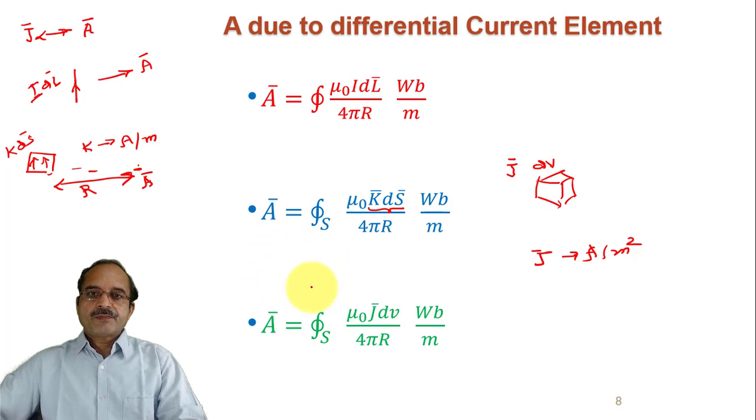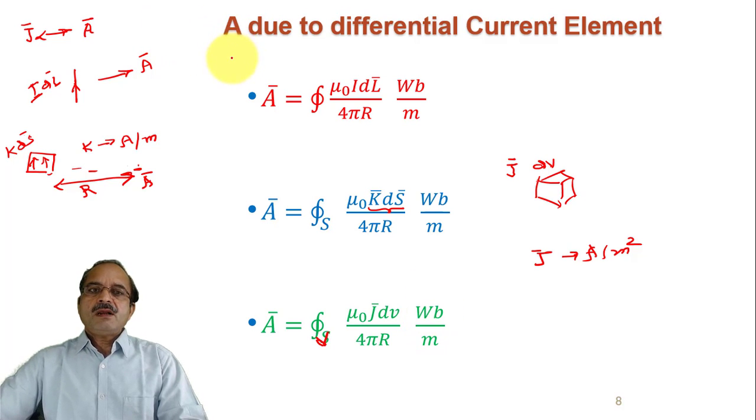So the vector magnetic potential because of the volume current element is volume integral mu 0 J dV upon 4 pi r Weber per meter. So these are the vector magnetic potentials because of the line current element, surface current element, and volume current element.